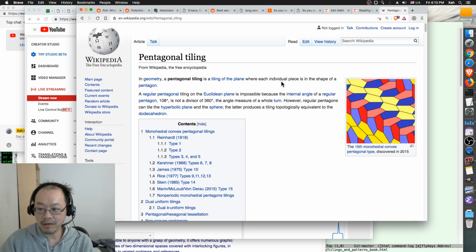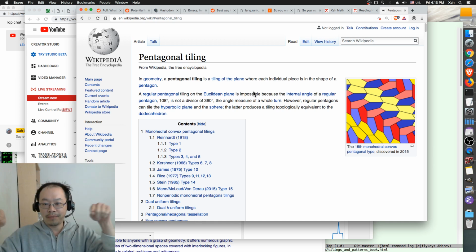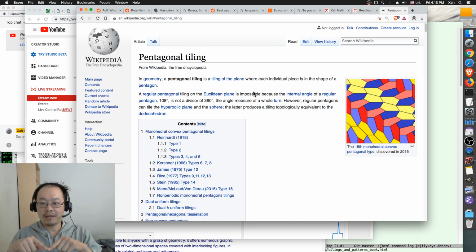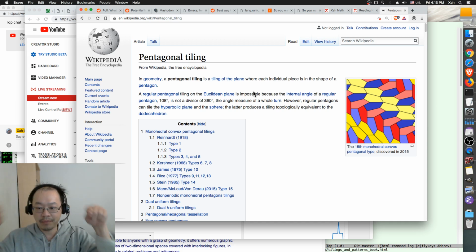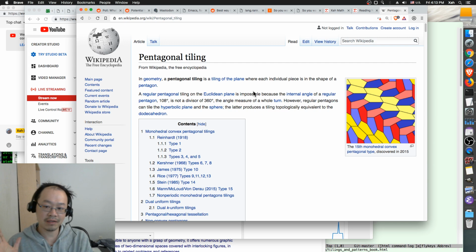Now there are other issues. Let's read on. A regular pentagon tiling on the Euclidean plane is impossible. First of all, it talks about a regular pentagon. Regular pentagon is like the U.S. Government building, the Pentagon. So it is impossible to use that shape to tile the plane.